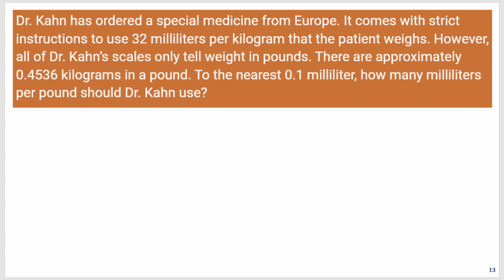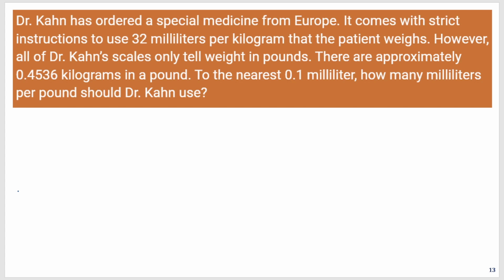Again, this is a unit conversion problem, right? We have originally 32 milliliters per 1 kilogram. You need to convert it to milliliters per pound, right?